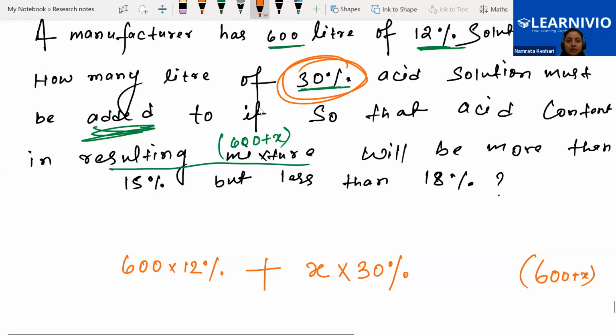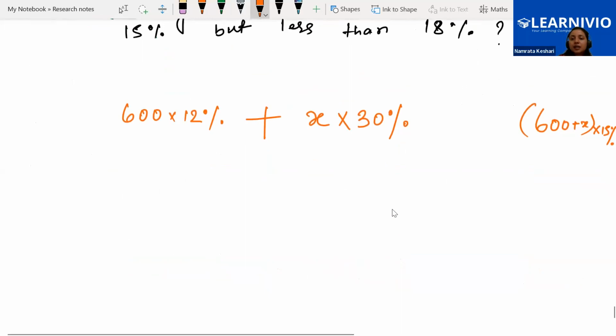One time we will take 15%, and the same scenario another time we take 18%. Where to take the less sign and where to take the more sign, we will try understanding from the scenario.